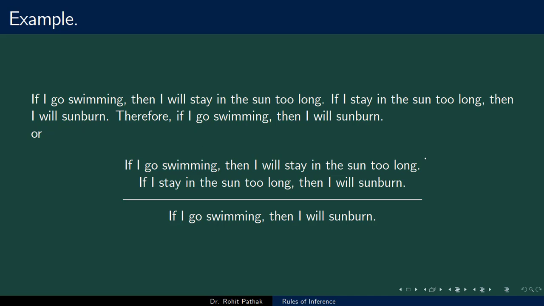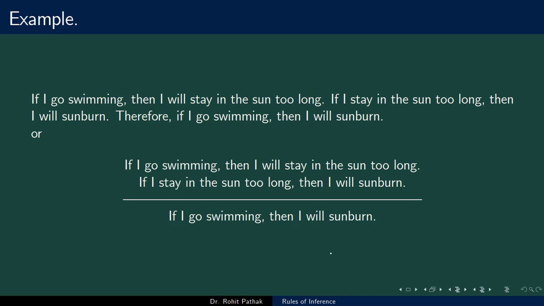You will be given a sequence of premises or propositions followed by a conclusion. Our purpose is to find whether this conclusion is valid or not. Rules of inference help us to find whether an argument is valid or not.